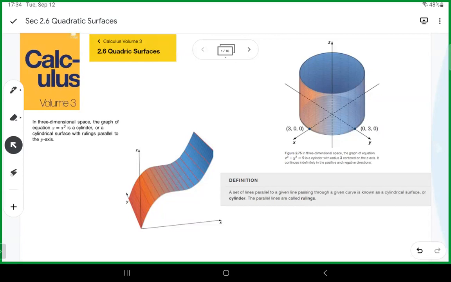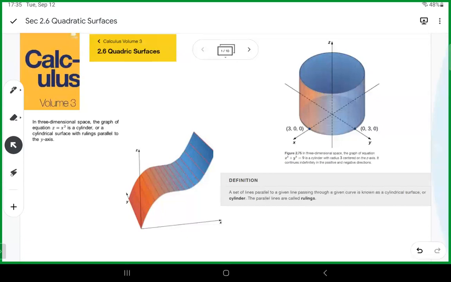2.6, quadratic surfaces. We're talking about items where we're in three-dimensional space. So you can see here on the left-hand side that we have the graph of the equation z equals x cubed, which is a cylinder or a cylindrical surface with the rulings parallel to the y-axis. And then we have a nice definition.